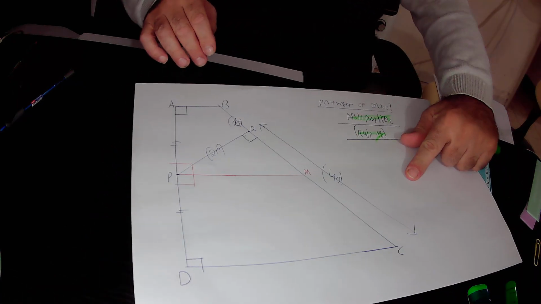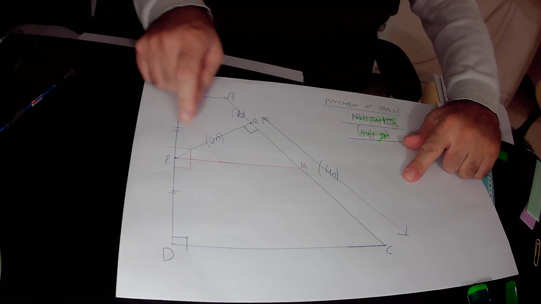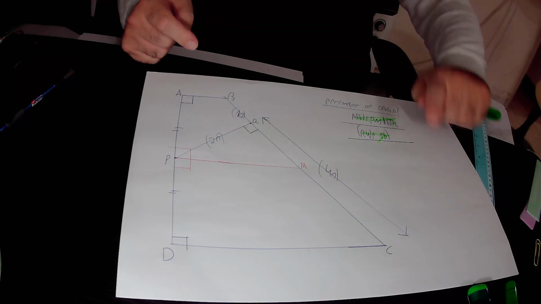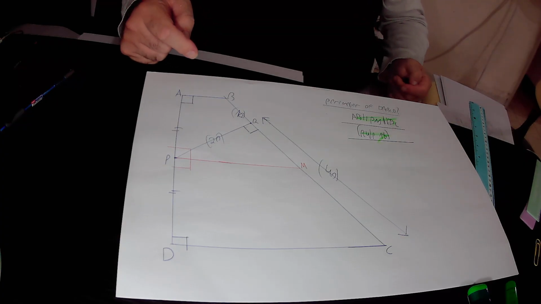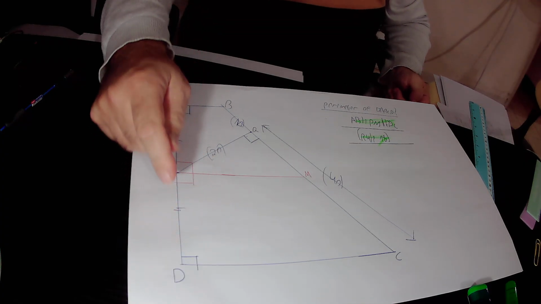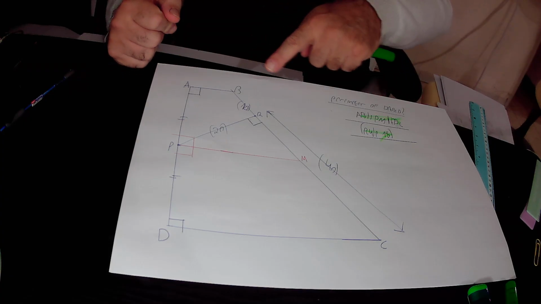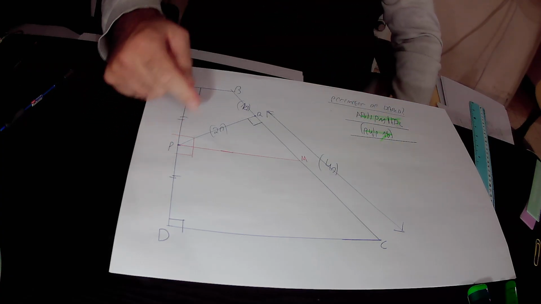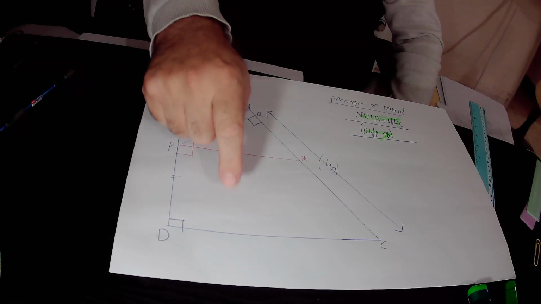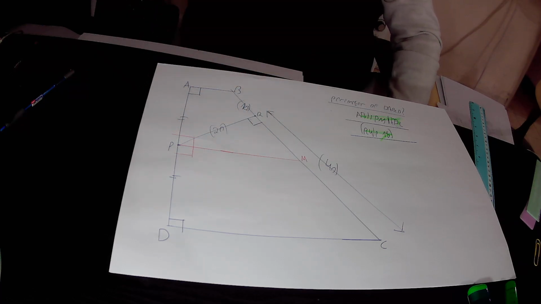Those three parallel lines, that is to say AB, PM and DC, are connected together by line segment AD and by this line segment BC. Again, AD and BC connect the three parallel lines together by straight lines.